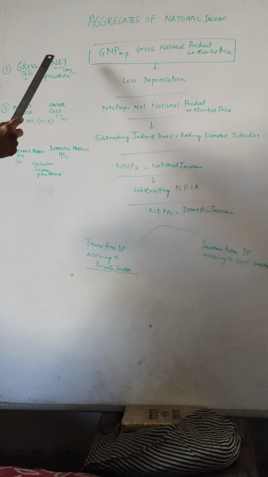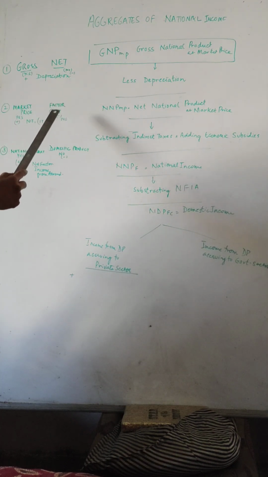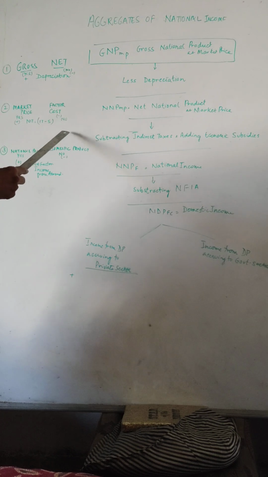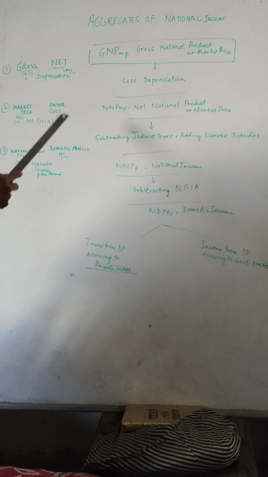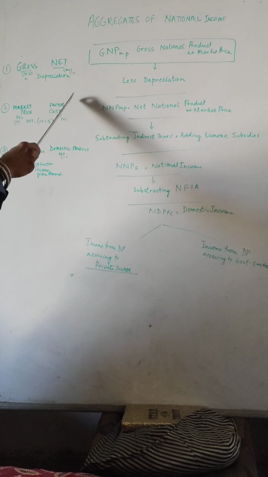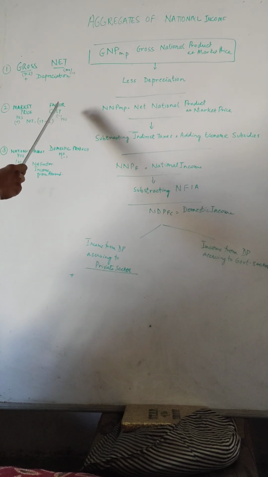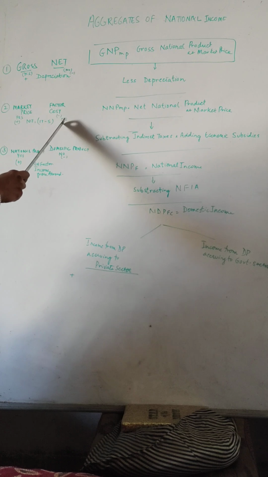Okay. Then the next you will hear is market price and factor cost. You know what are the factors of production? Land, labor, capital, entrepreneurship. Now, wages, rent, interest, and profit. Those are the factor cost of production.